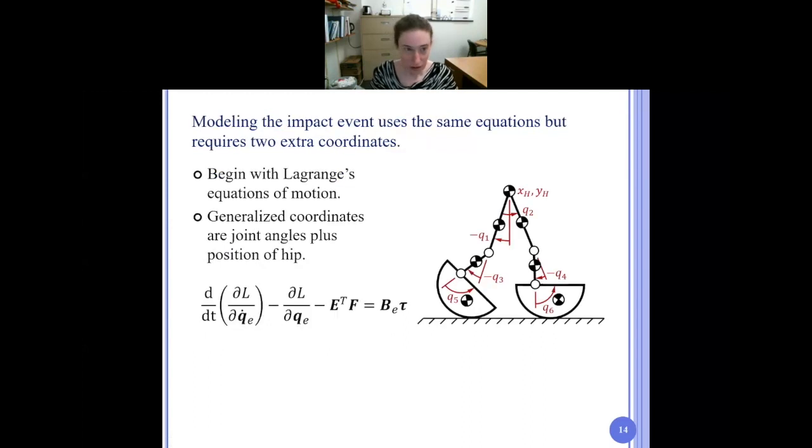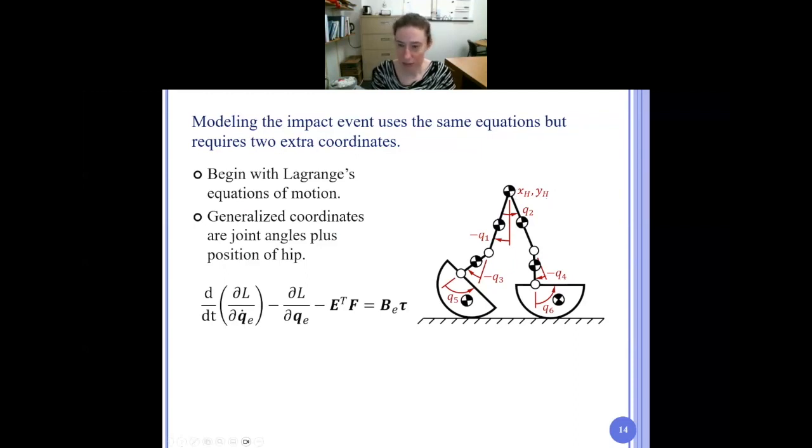So the impact event is a little bit more challenging. It's going to use the same general form of the equations, Lagrange's equations of motion. This time we're going to set the generalized coordinates as the 6 joint angles plus the XY position of the hip.